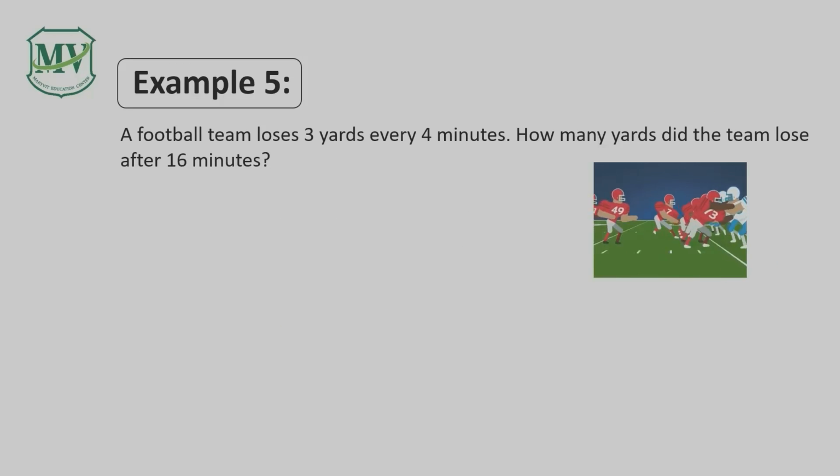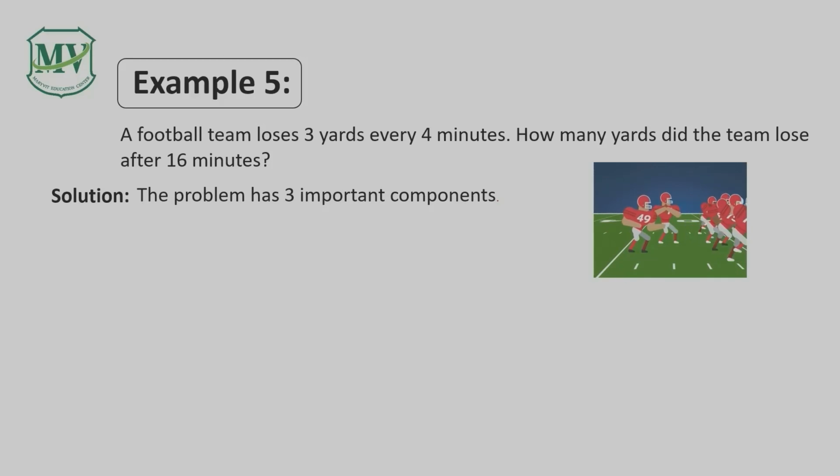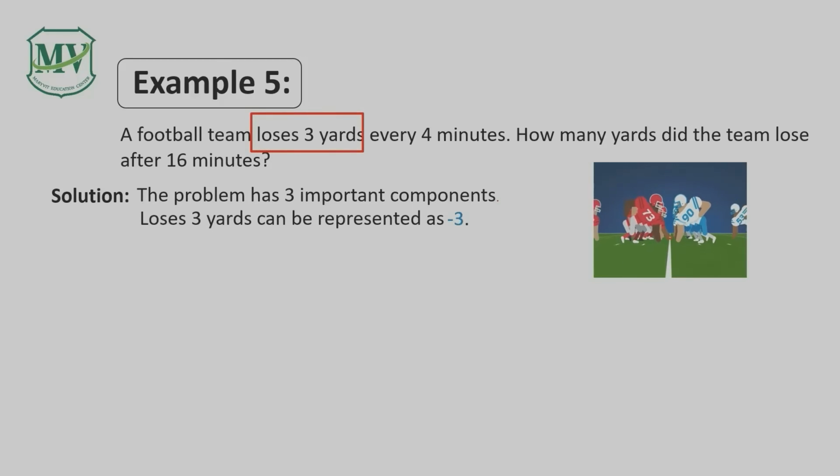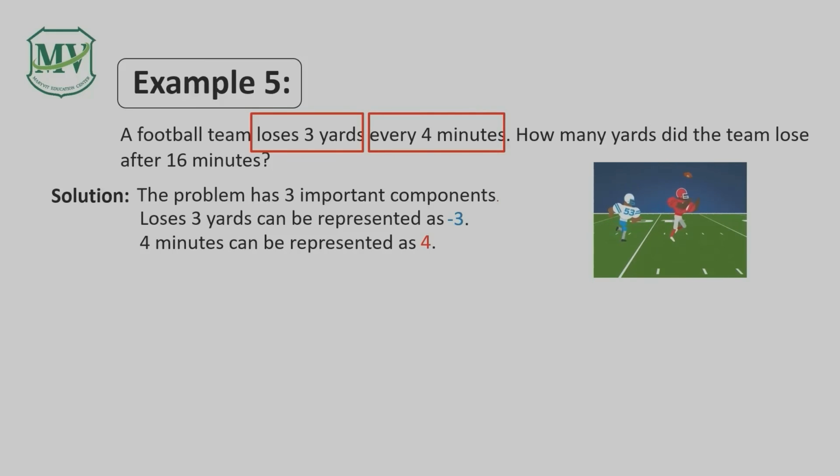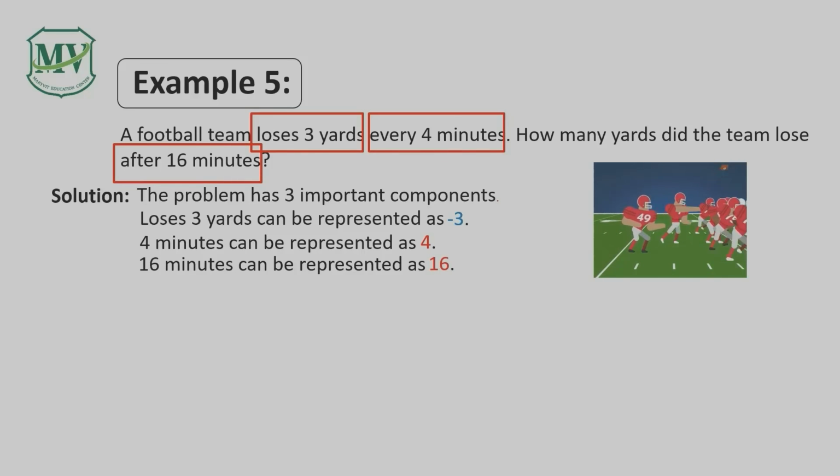Example number 5. A football team loses 3 yards every 4 minutes. How many yards did the team lose after 16 minutes? The problem has 3 important components. Loses 3 yards can be represented as negative 3. 4 minutes can be represented as positive 4. And 16 minutes can be represented as positive 16.